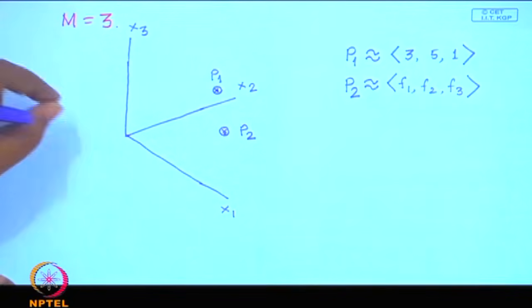Or in other words, the distance between P 1 and P 2 should be equal to 0, if P 1 and P 2 are the same pattern. If P 1 and P 2 are similar patterns, they may not be exactly identical. In that case, when I compute the distance between the corresponding feature vectors, it should be very small. If P 1 and P 2 are widely different, with no similarity, then the distance between the corresponding feature vectors in the 3 dimensional feature space will be very large.